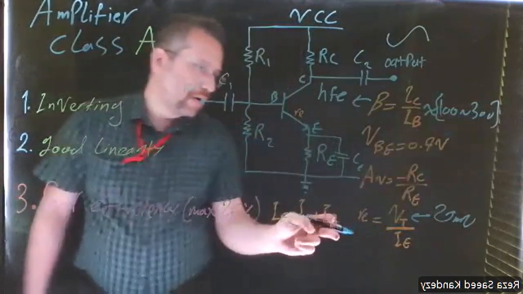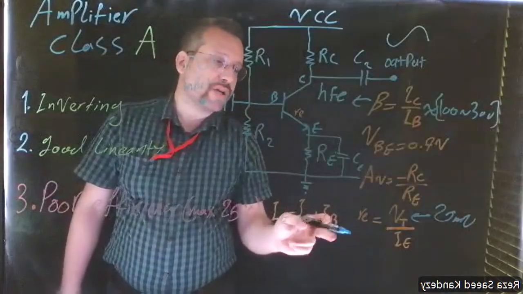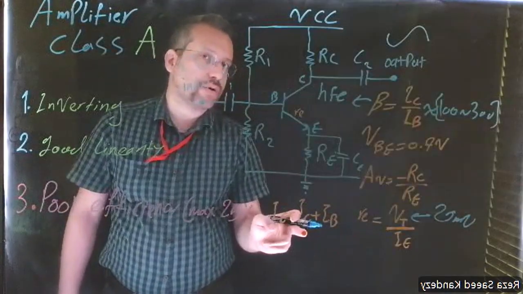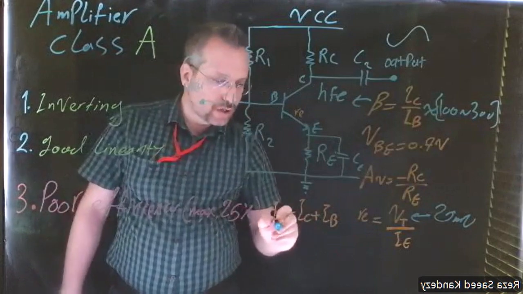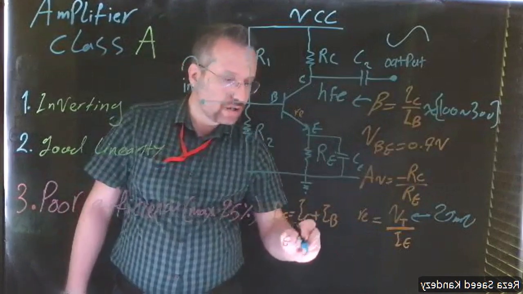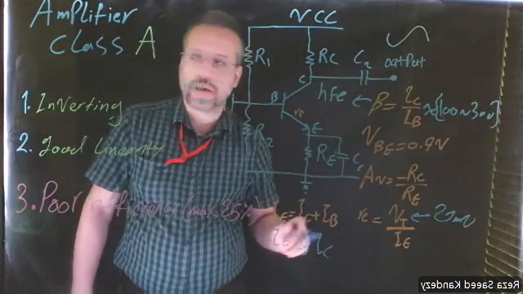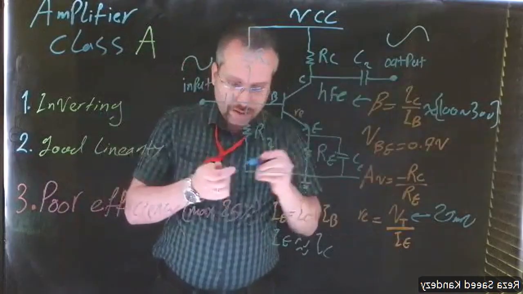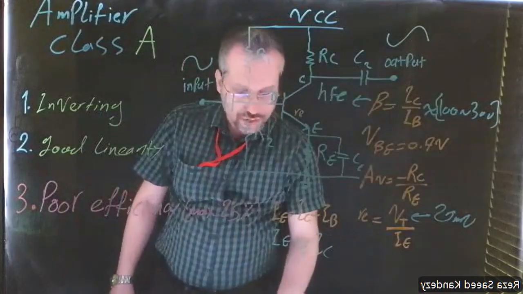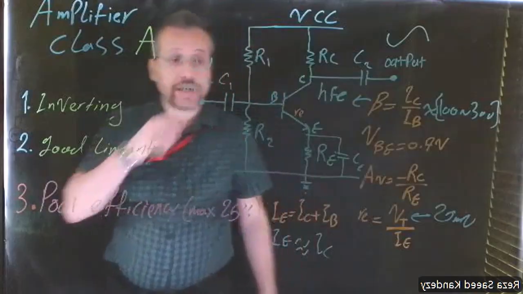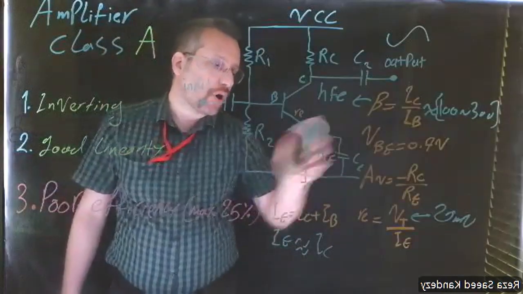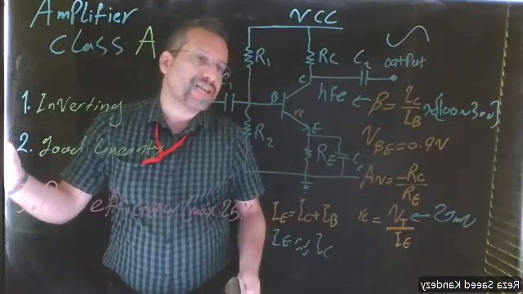So the base current is significantly lower than the collector current, and we can consider the emitter current equal to the collector current.